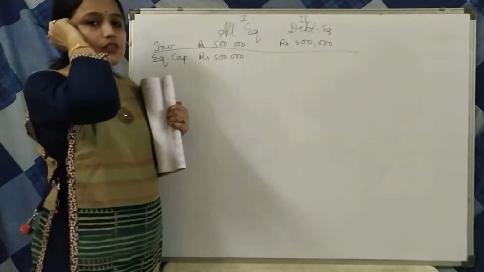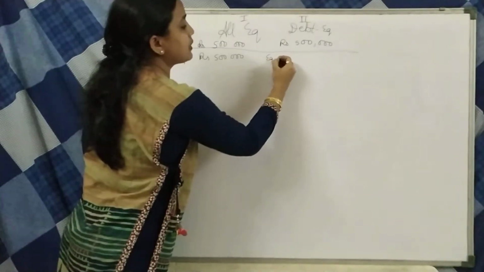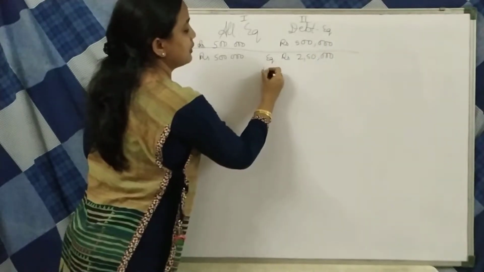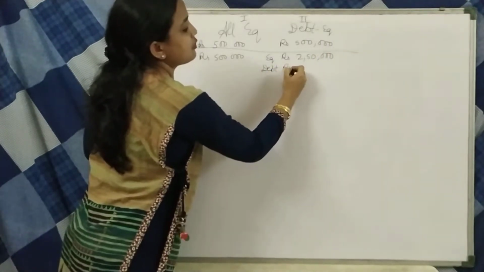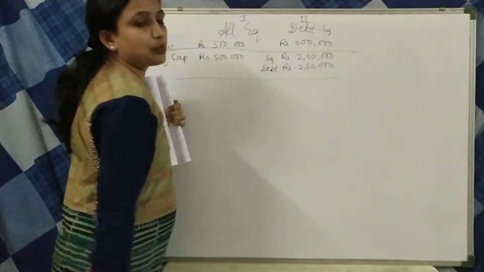In this case, it will be 50-50: 50% debt, 50% equity. So equity will be 2,50,000 and debt will be 2,50,000. So it comes to 5 lakh rupees.